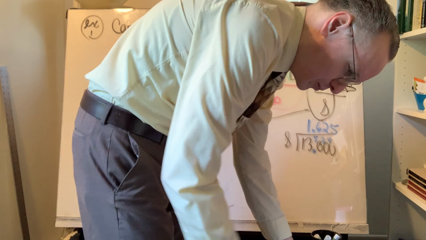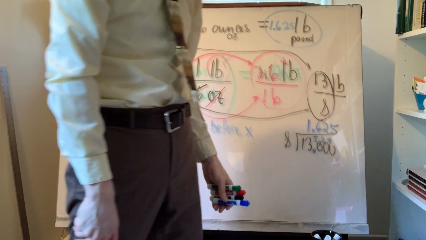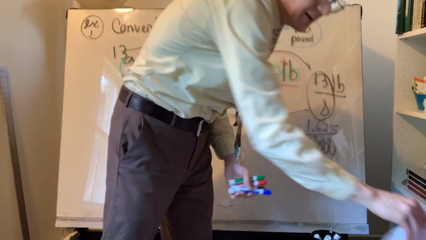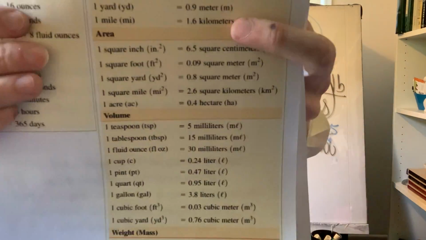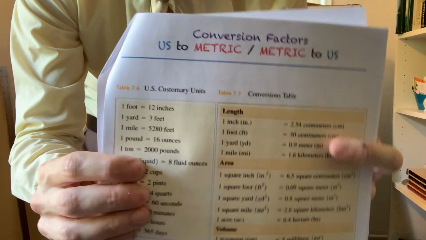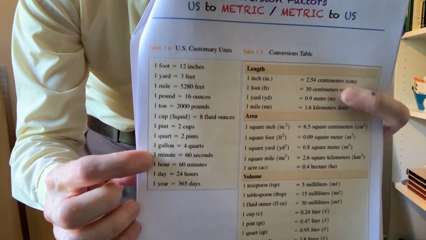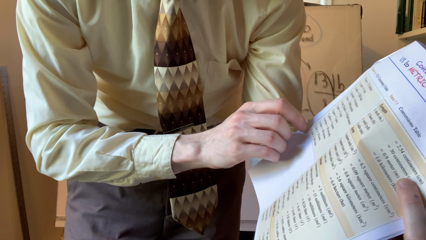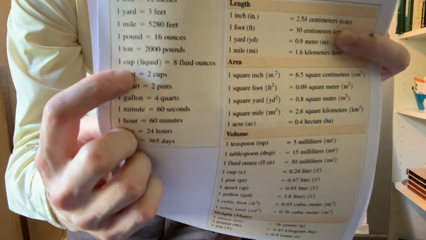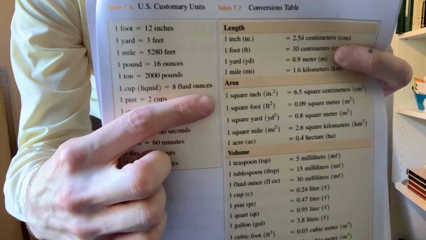I wrote a little note to myself, which is silly. 8, all right, pay attention to this, because when you're cooking, sometimes it's a little misleading. This is the standard that we have. 1 cup is 8 fluid ounces.